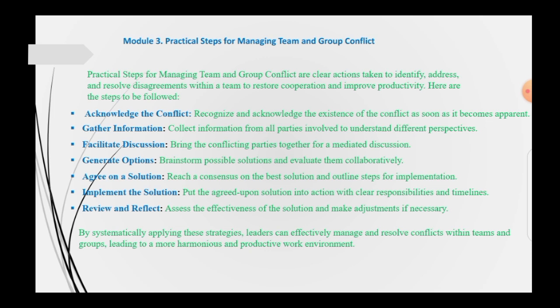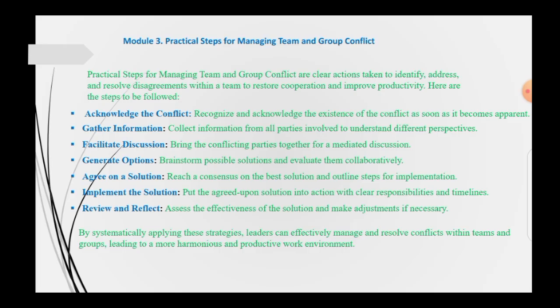Together, brainstorm and evaluate possible solutions, aiming to reach a consensus on the best way forward. Once agreed upon, implement the solution with defined roles and deadlines. Finally, review the outcome to ensure the conflict is resolved and make any necessary adjustments to maintain a positive team environment.